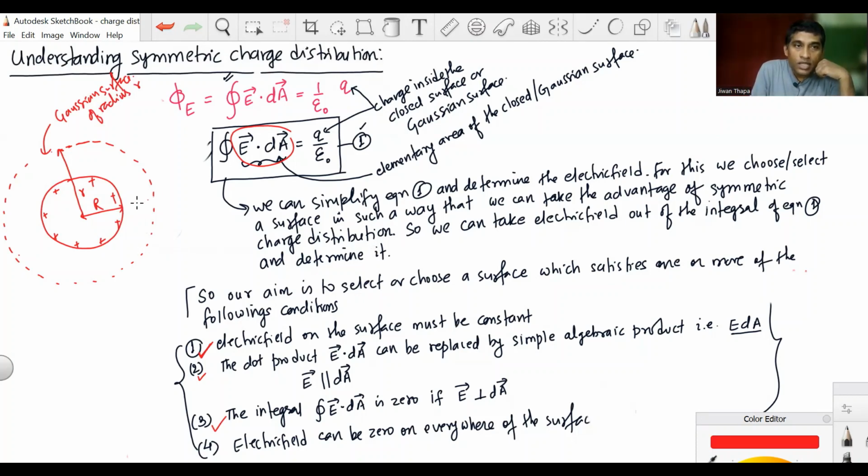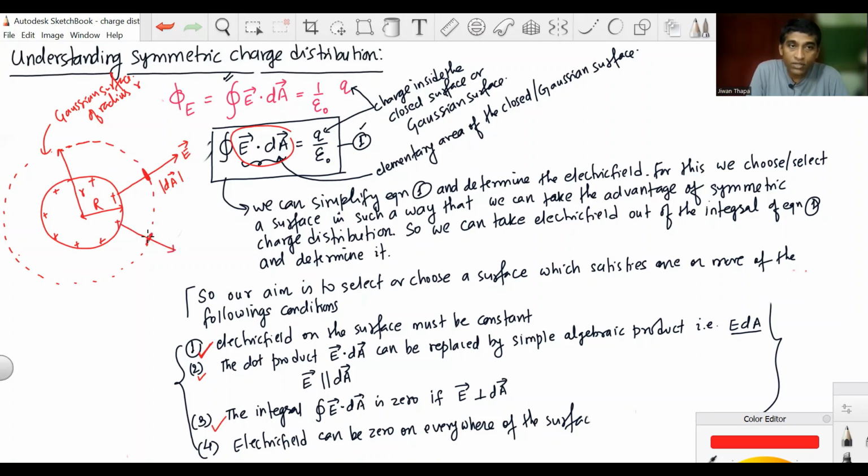Now, if we take a small elementary area on this Gaussian surface, let's say its area is dA in magnitude. Now we know electric field lines diverge out from positive charge. So electric field lines cross or pass through this Gaussian surface in radially outward direction.